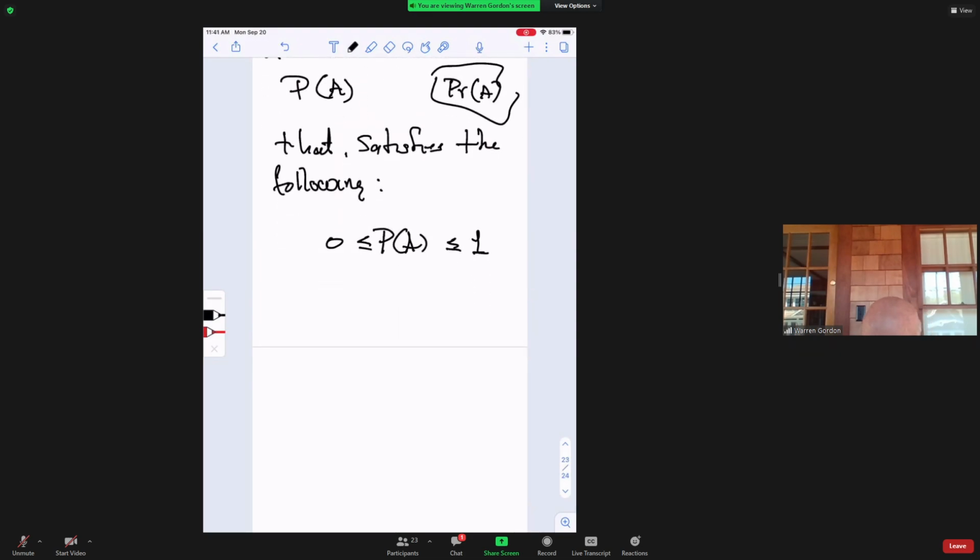Secondly, P of S itself, the probability that something happens, is equal to 1. Remember, if you perform an experiment, something has to happen. By the way, sometimes this is called a normalization condition.